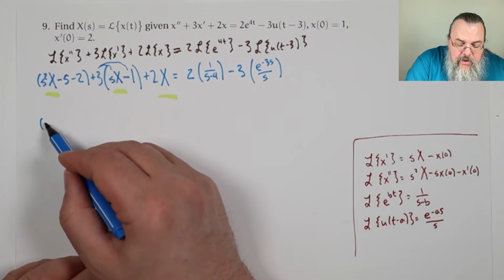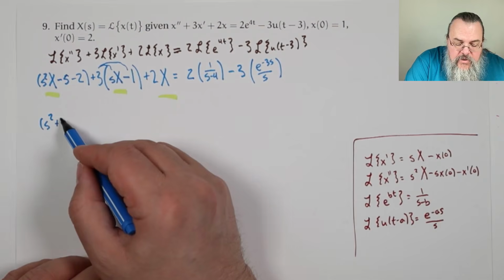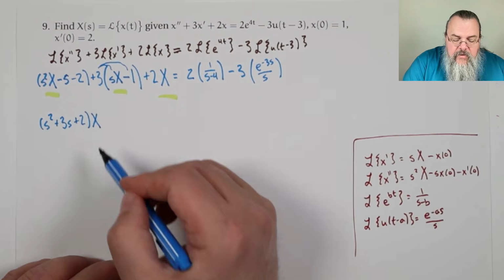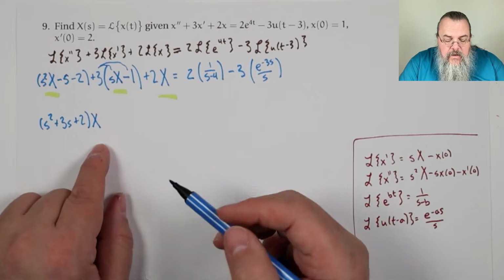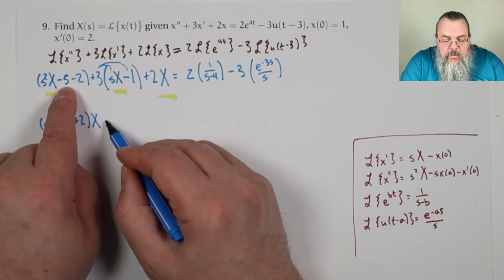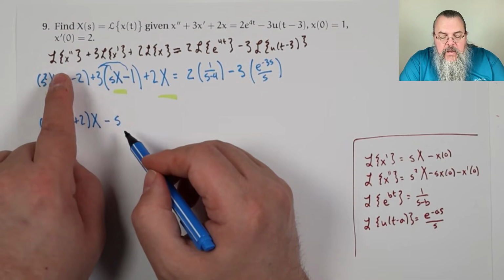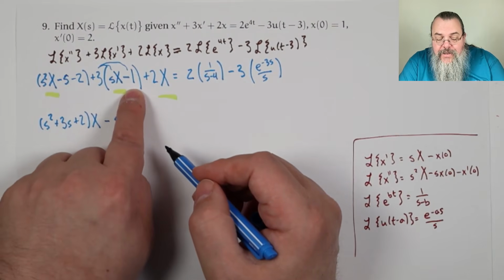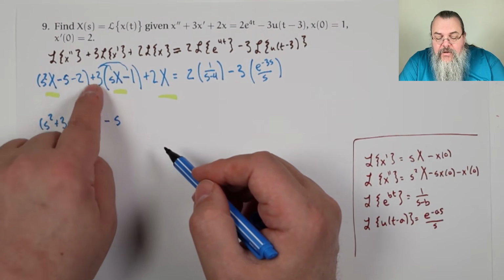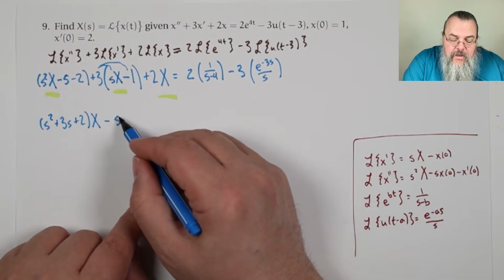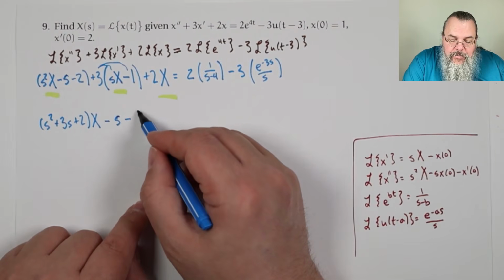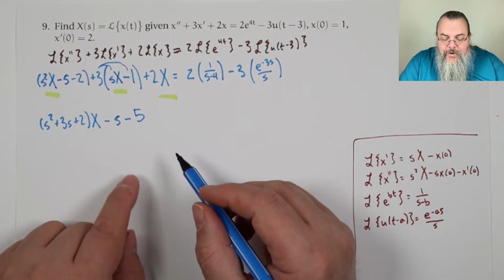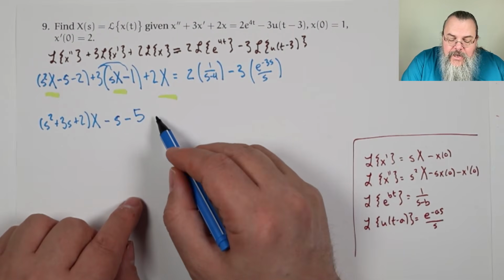So we have (s² + 3s + 2)X. And then, well, we have a single s term, minus s. Then we have a minus 2 and minus 3, right? Minus 2 minus 3 is a minus 5. Okay, well, all right, make sure we distinguish.